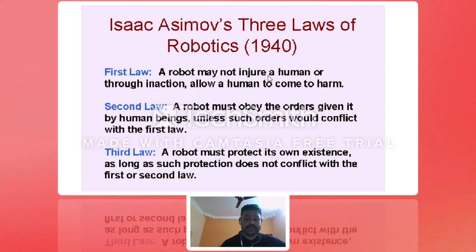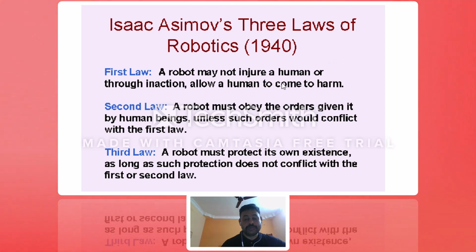A robot may not injure a human, or through inaction allow a human to come to harm. Whatever robot you develop should not go against the human. That is important. The first law was already proved by the recent Robo movie. The famous actor Rajini acted in Robo Part One and Part Two. Right? What finally happened?